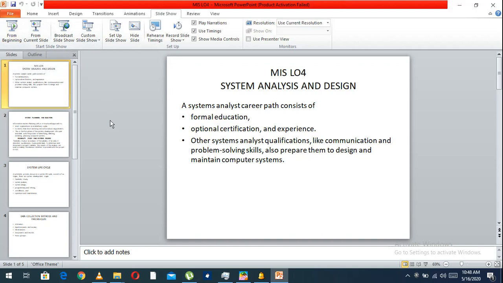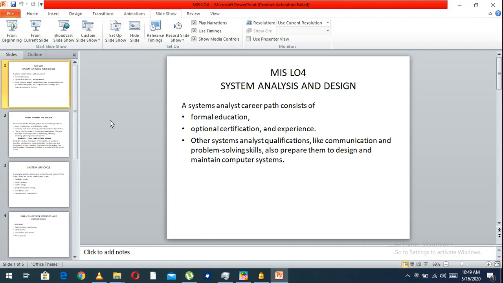We are now going to learning outcome number 4 for management information system. In this learning outcome, we are talking about system analysis and design. We want to start with the educational path of a systems analyst.